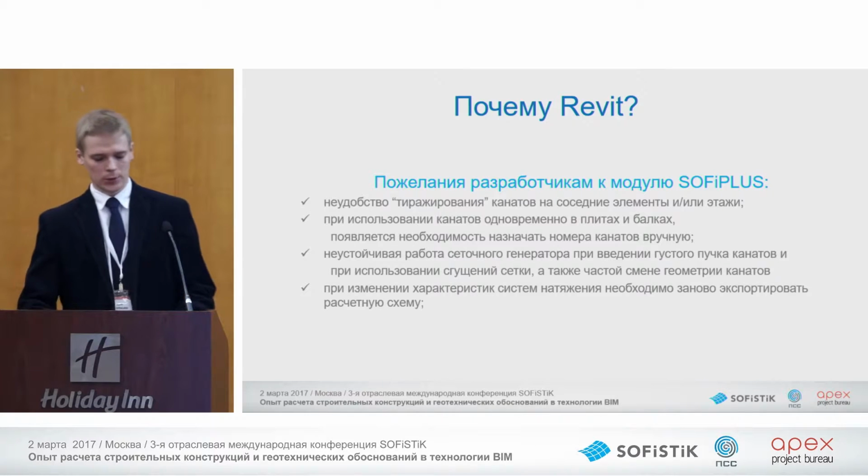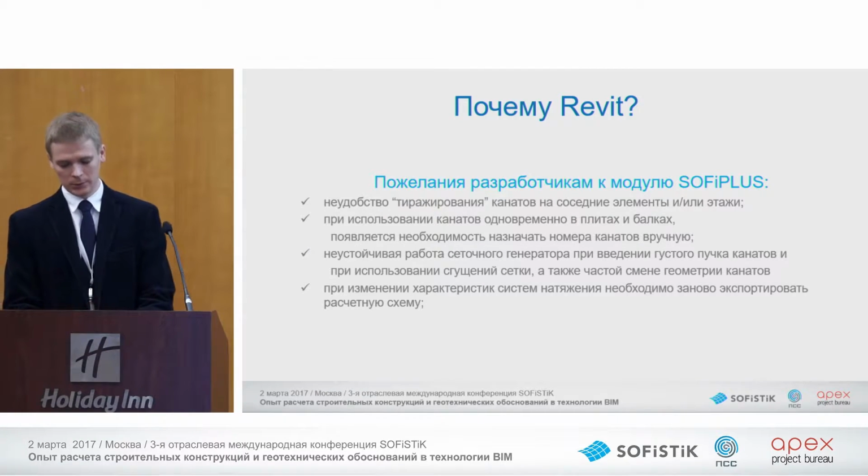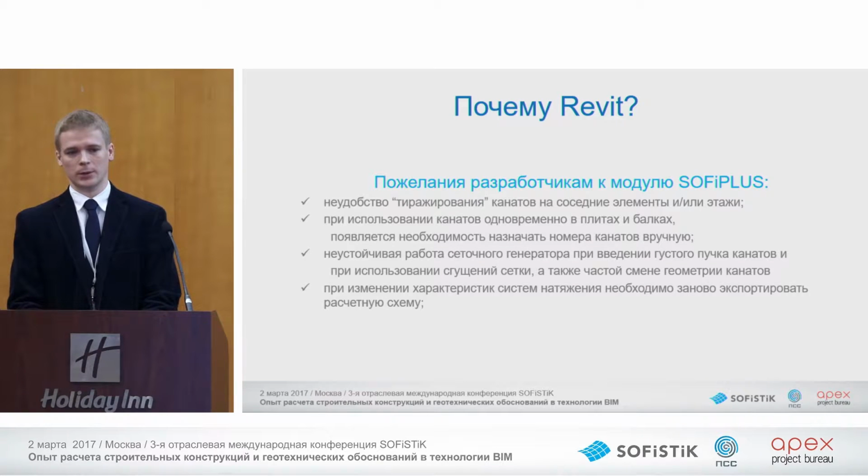So why Revit? In our company, we want to work in a unified environment, on a unified platform. That is why we customize Revit. We set it up for our needs.